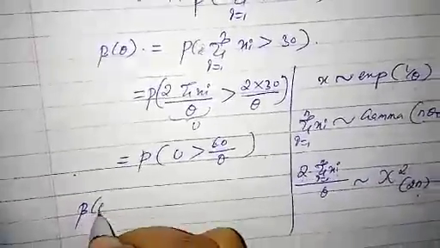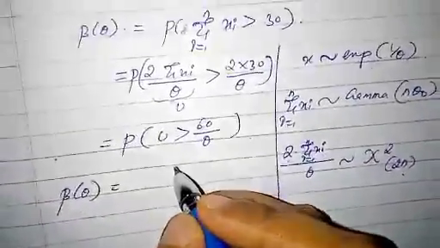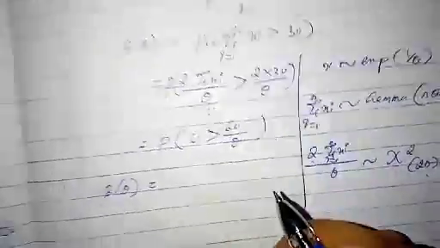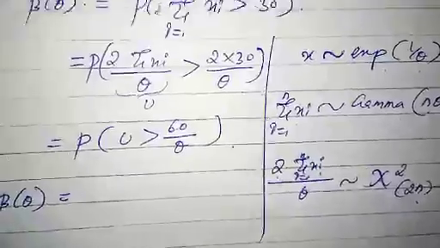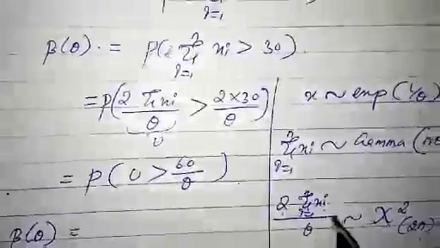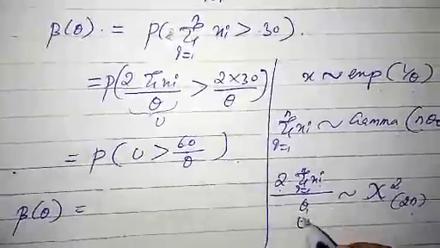So we can write beta of theta equal to, how to write this one? Here this term is u.